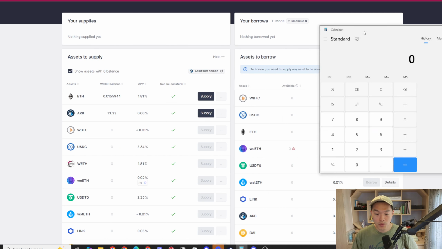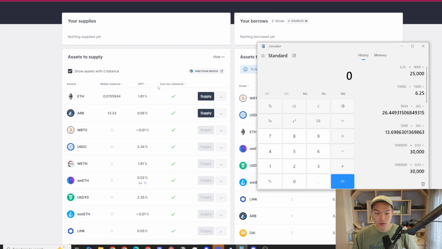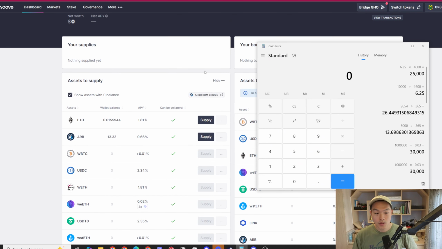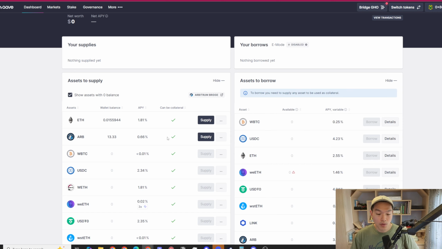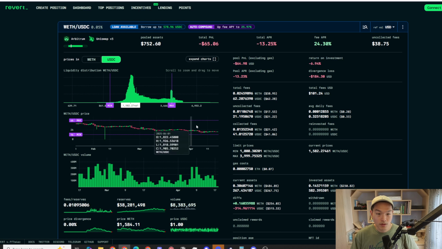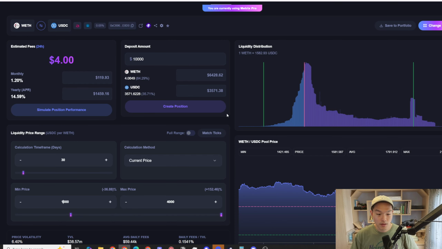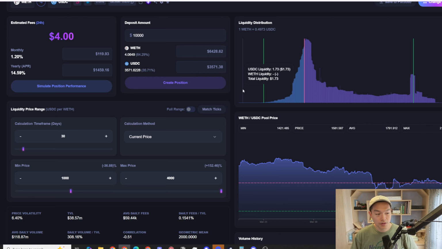And usually when you borrow, you want to keep the loan to value ratio pretty safe. So if I want to loan 10,000 and let's say I only want to loan against 40% of my capital, then I would need to have $25,000 worth of ETH. And then what I'm going to do with that $10,000 is stick it into this pool with roughly this range.